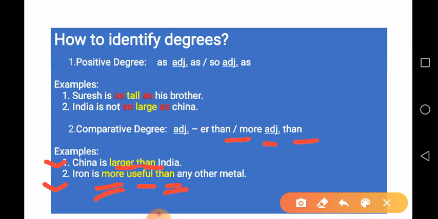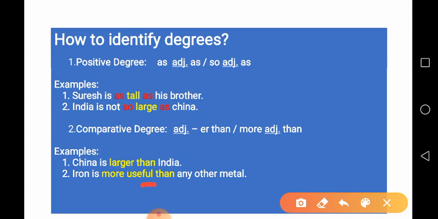Some words, as I have told you, having two or more than two syllables, do not accept er as a suffix. So, in such cases we use more. In this word useful, that ful is a suffix which is already added to the word use. So, we do not use er after a suffix is added to the word.